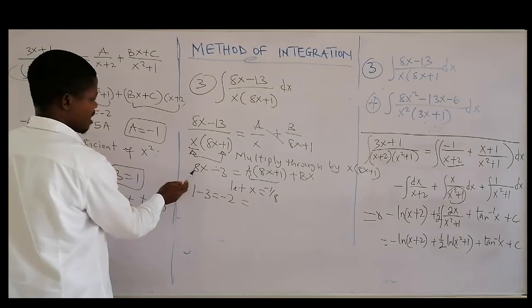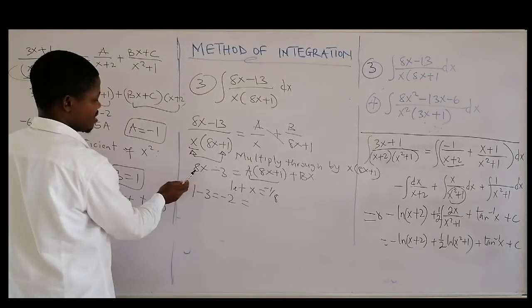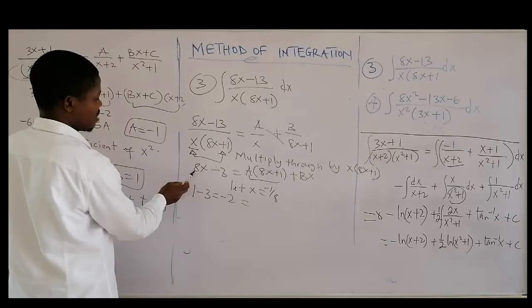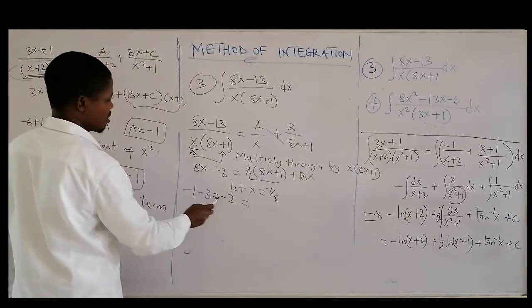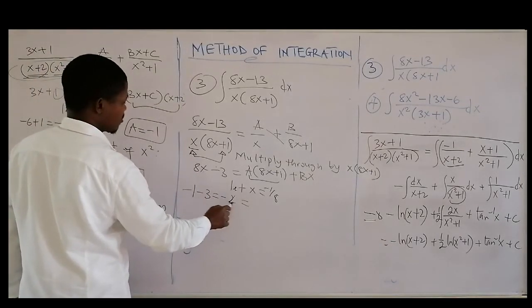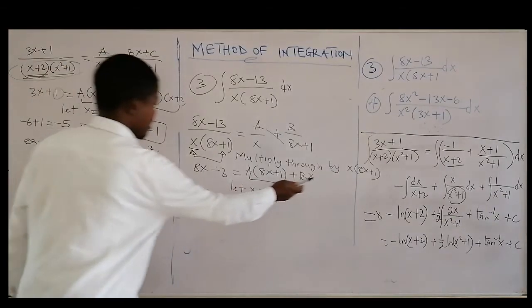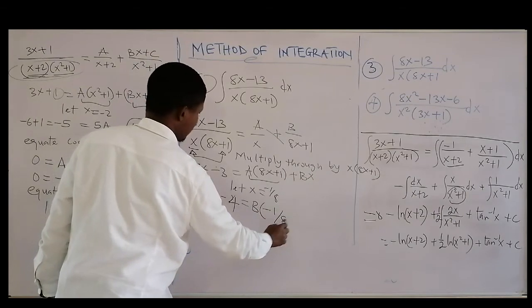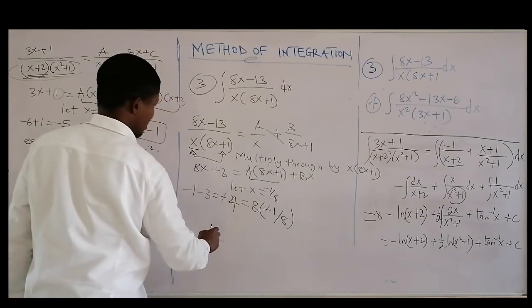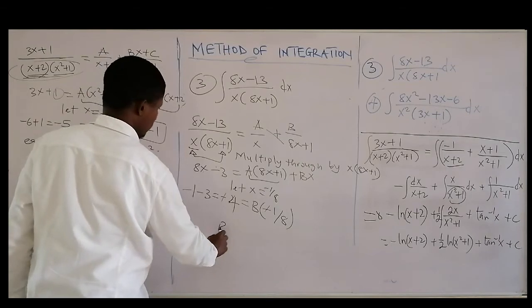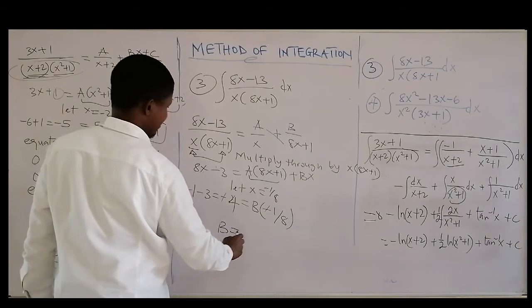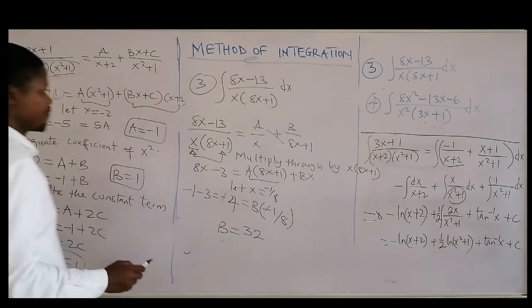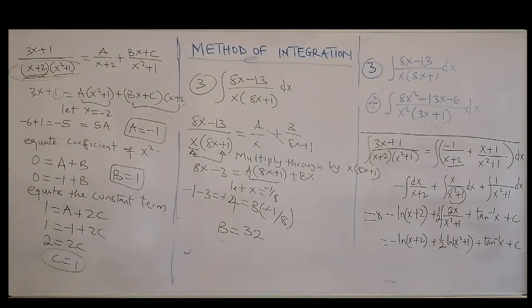So here, minus 1 over 8, that will give us minus 4. And then here we have B into bracket minus 1 over 8, so the minus we cancel out. Then we have B equal to what? B is 32. If multiplied by 8, your B will be 32, 8 times 4, that's 32.